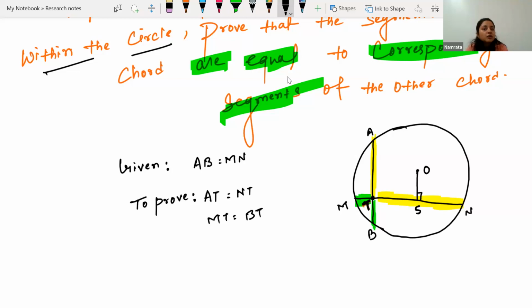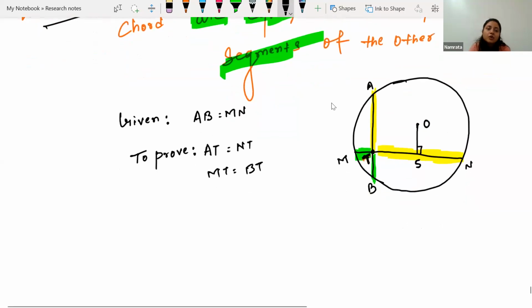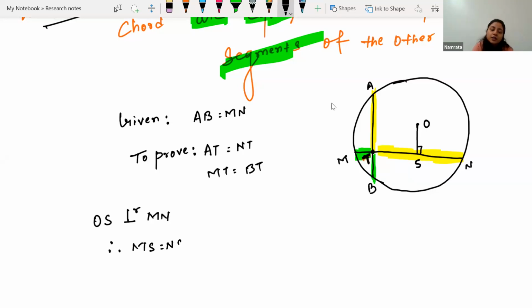Because a perpendicular drawn from the center on the chord bisects the chord. Let's write it. We are dropping a perpendicular. OS is perpendicular on the chord MN. Therefore, MS is equal to NS. Here you need to write the theorem: perpendicular dropped from the center on the chord bisects the chord.